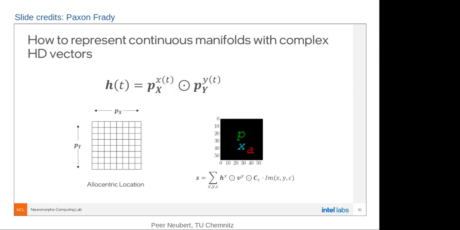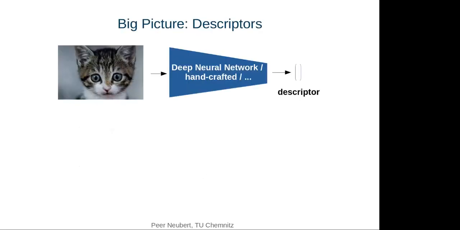So let me talk a little bit about the big picture. If we deal with image descriptors, we typically have a setup like an image, and we use something like a deep neural network or some handcrafted tool to generate a high-dimensional descriptor vector. So a vector that somehow represents the content of the image.